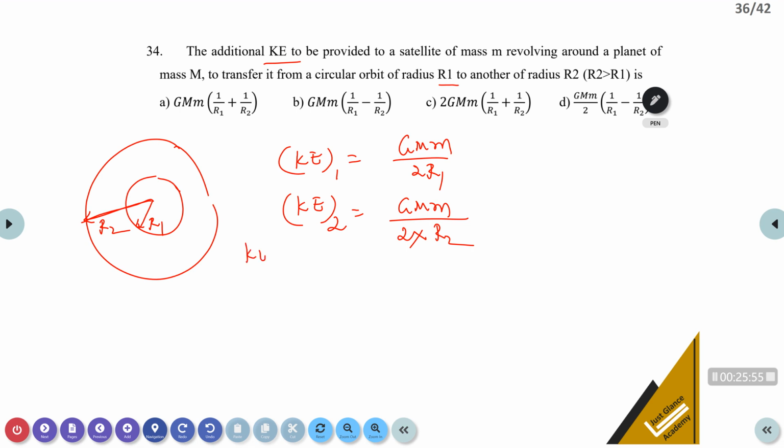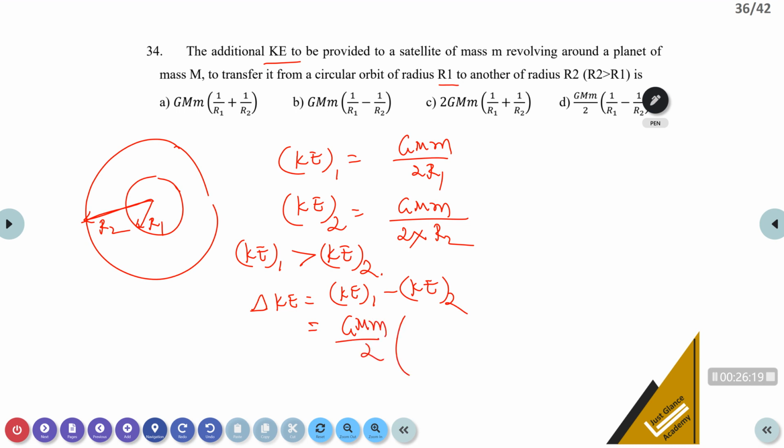That means kinetic energy on surface 1 is greater than the kinetic energy of 2. This is the relation. So the difference in kinetic energy is equal to this one. Kinetic energy 1 minus kinetic energy 2 is equal to GMm divided by 2 into bracket 1 by R1 minus 1 by R2. This is the formula.